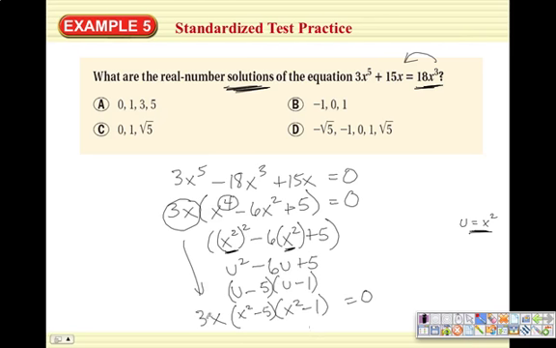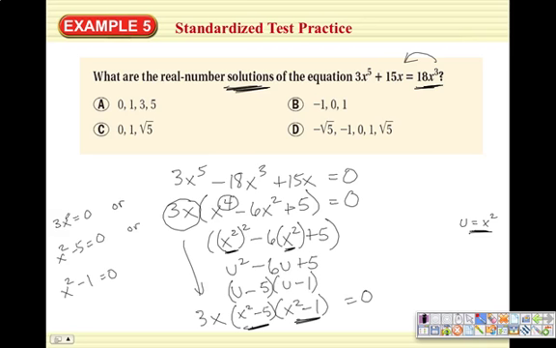It says each of these things could be 0. A, B, or C could equal 0. So here's what you're going to do. The first one, 3x could equal 0, or the next one, x squared minus 5 could equal 0, or the last one, x squared minus 1 could equal 0. That's the zero product property.